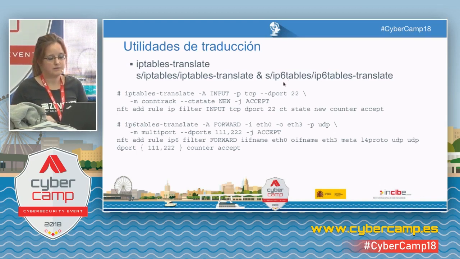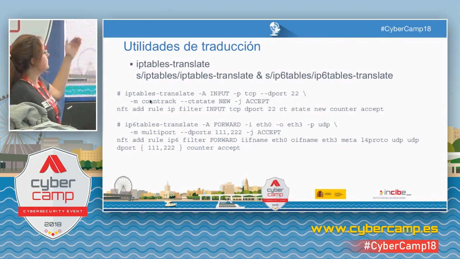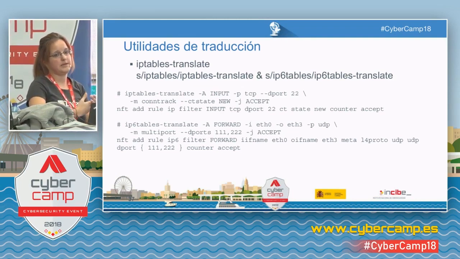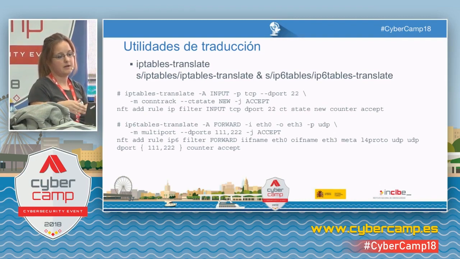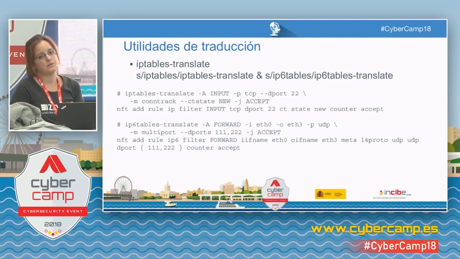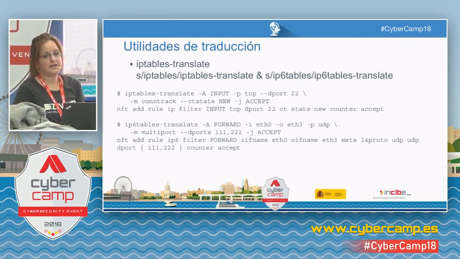And also, if you have commands with ip6tables, in that case, you would replace it with ip6tables-translate. So the rule would then automatically be translated, and in your script, you would just do that replacement, and on rebooting, if nftables is installed, the rules will be working.